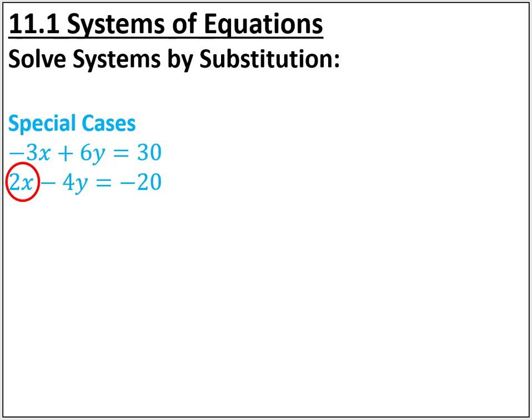Here I circled in red the 2x because this is the lowest coefficient between 3, 6, and 4. So we're going to use the second equation. When isolating, we want to make sure that we have whole numbers. If you do have fractions, make sure to work with fractions in terms of multiplying, adding, and subtracting.